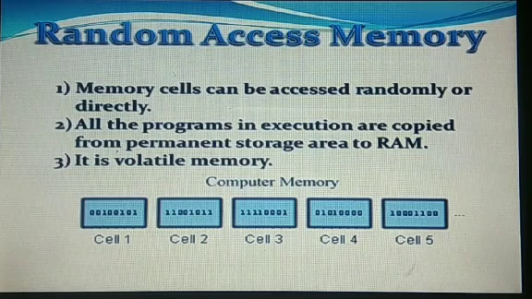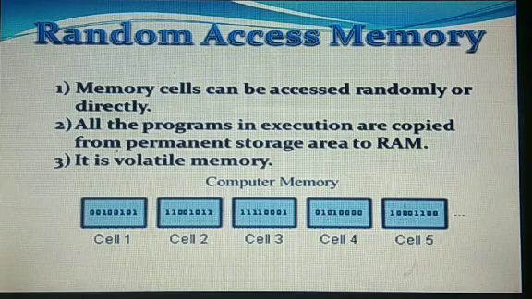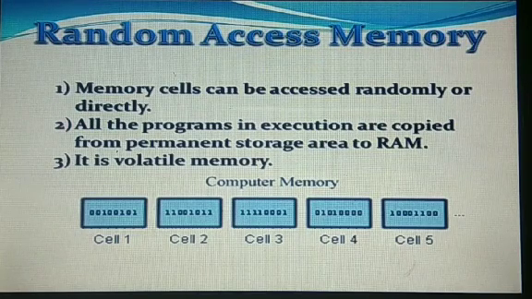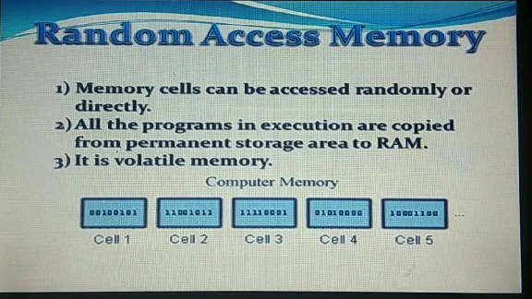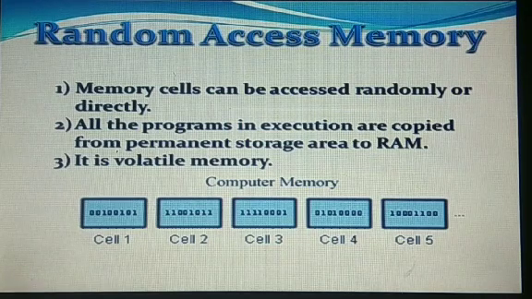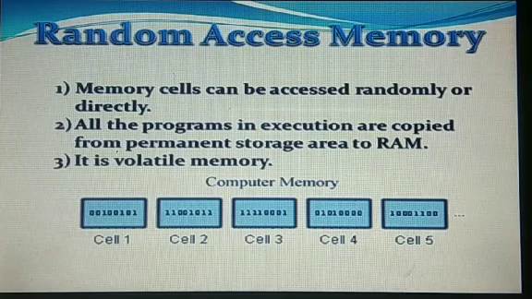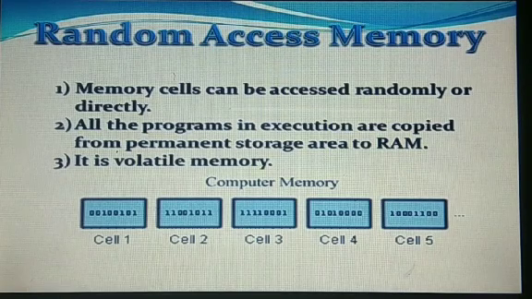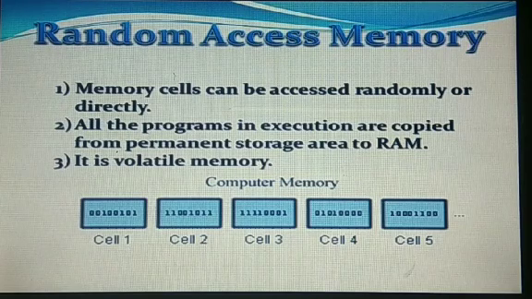Every cell has a cell address. Like your houses also have addresses, and every address is different from another. The same is the case here. All the cells of the memory have a different address. Let's suppose some data is stored at the address 2000.